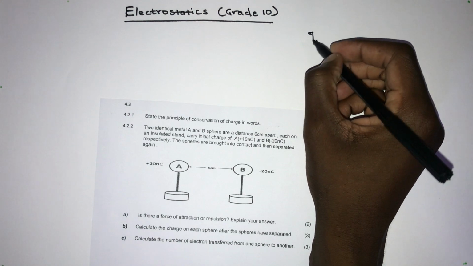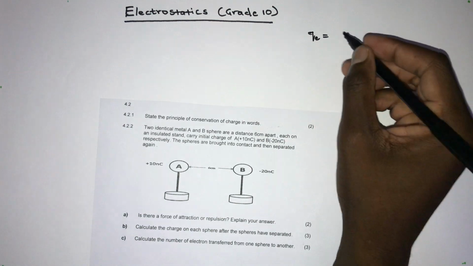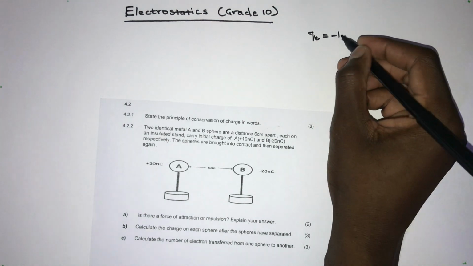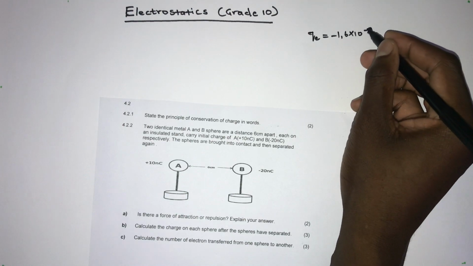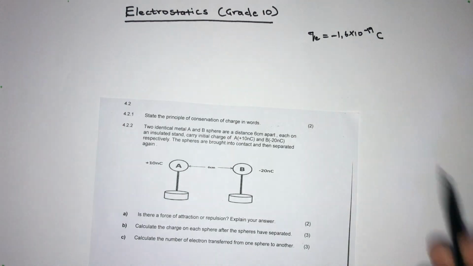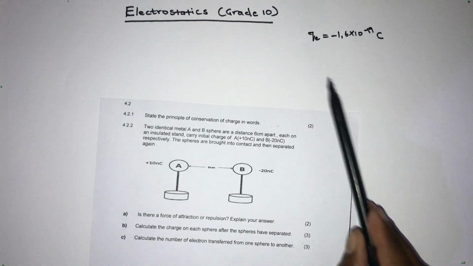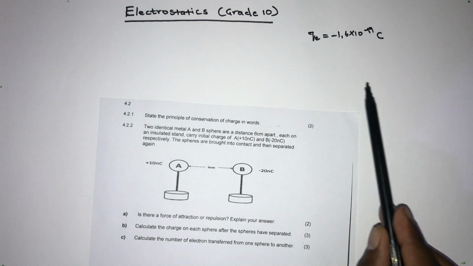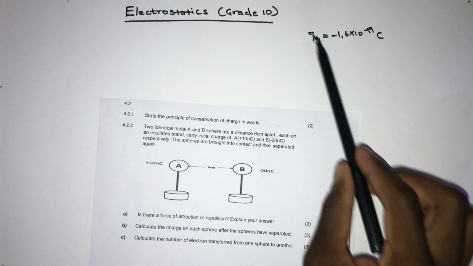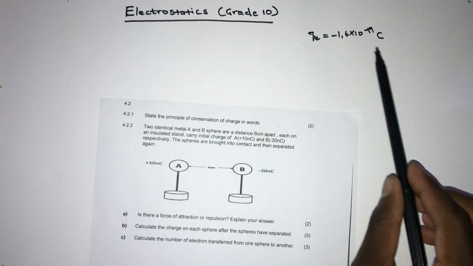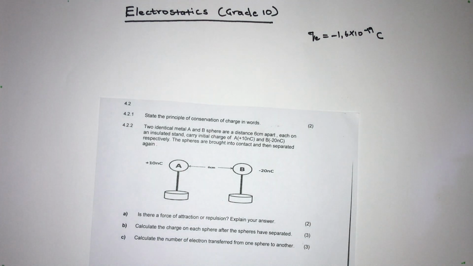We call this the electron charge of -1.6 times 10 to the -19 coulomb. So all the charges in the universe consist of an integer multiple of this number, called the electron charge.